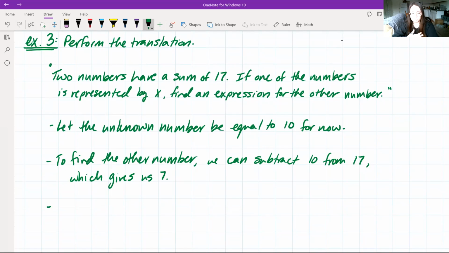So we found this number, and so we want to use x instead.